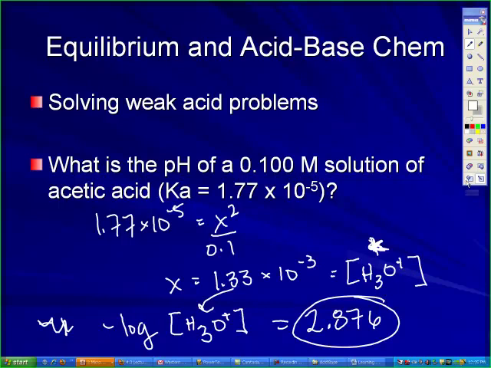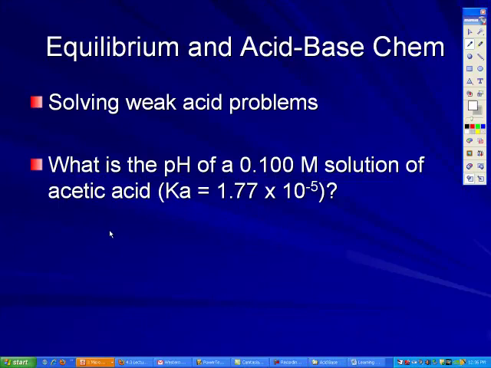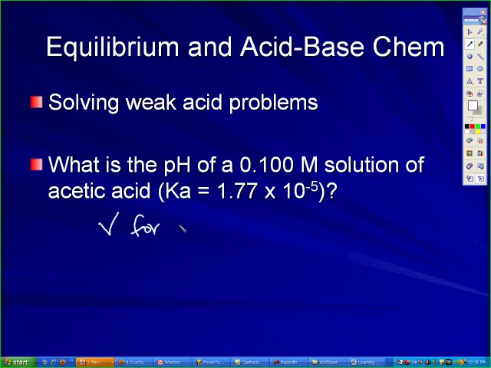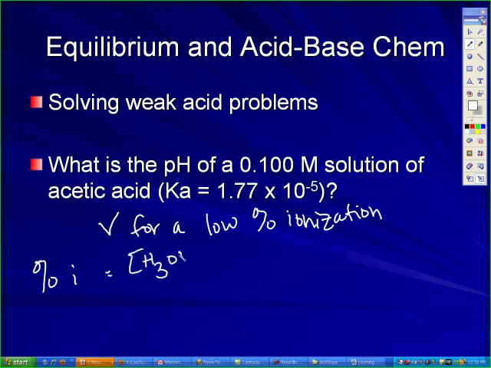Now what we want to do is check for a low percent ionization. Percent ionization is equal to our concentration of H3O plus divided by the concentration of our unionized acid, which in this case was acetic acid, times 100.